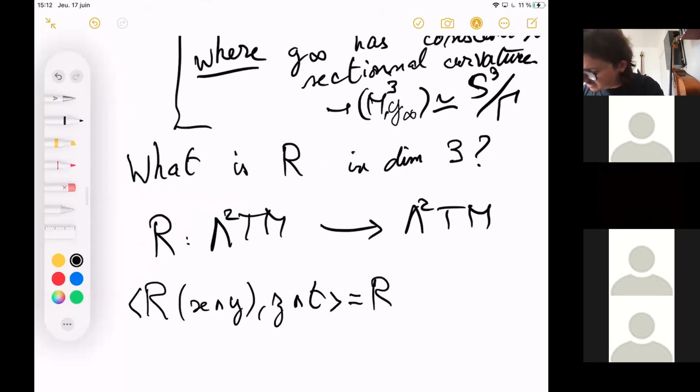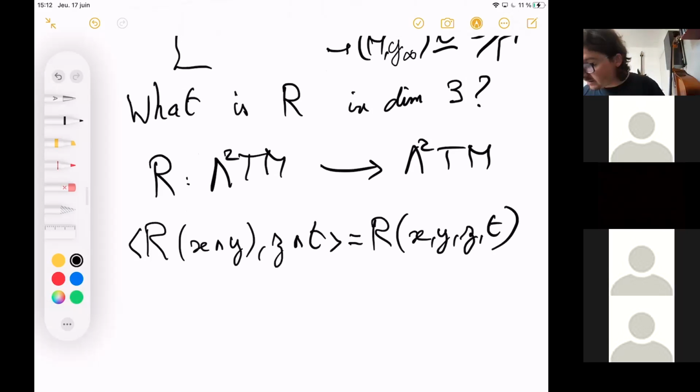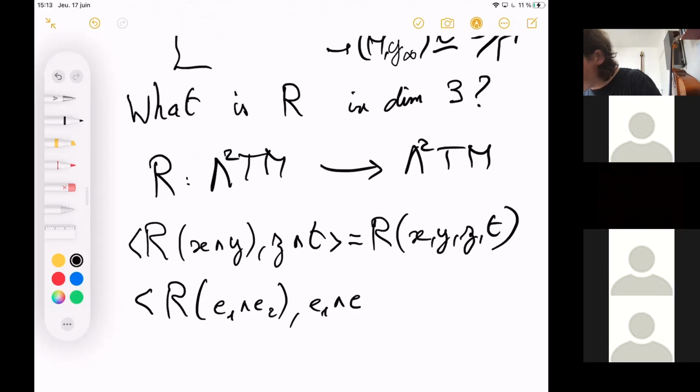If you want to express this curvature operator in terms of the full curvature tensor, this is what it is. In particular, the inner product of R(e1 ∧ e2) with e1 ∧ e2 is just the sectional curvature of the plane generated by e1 and e2.